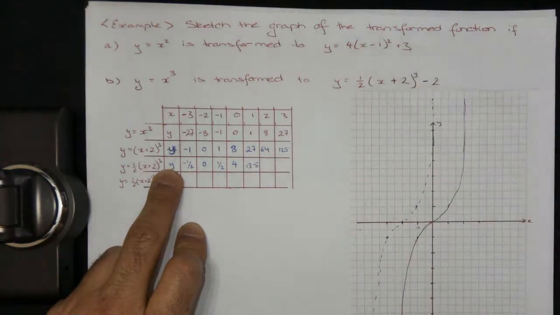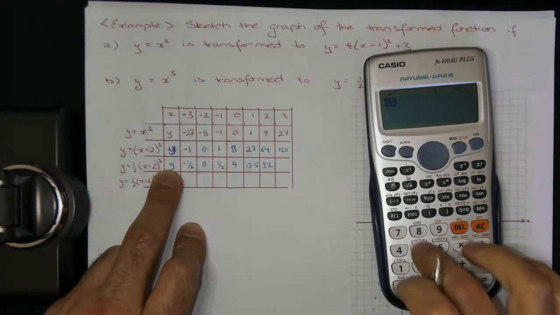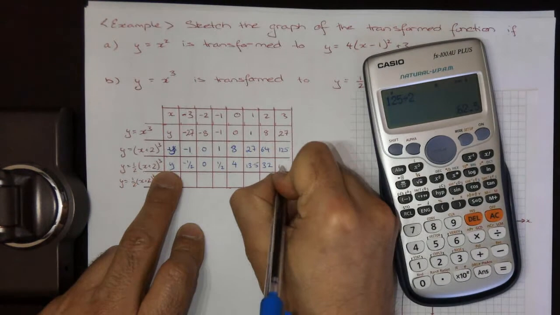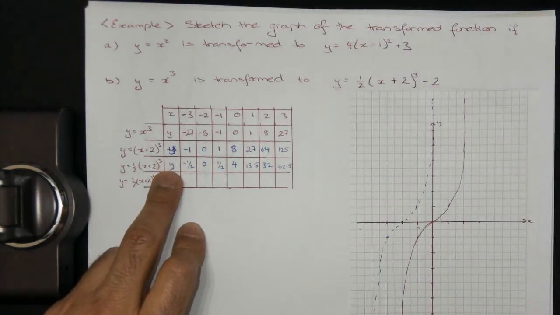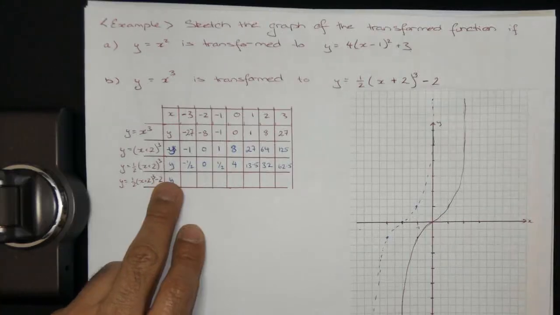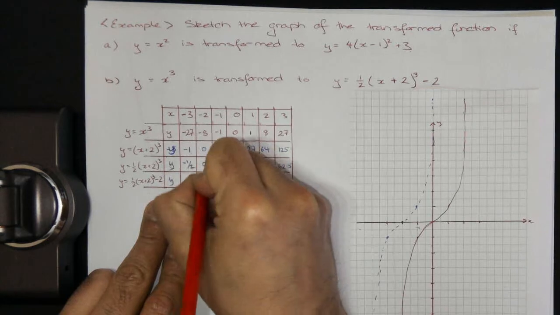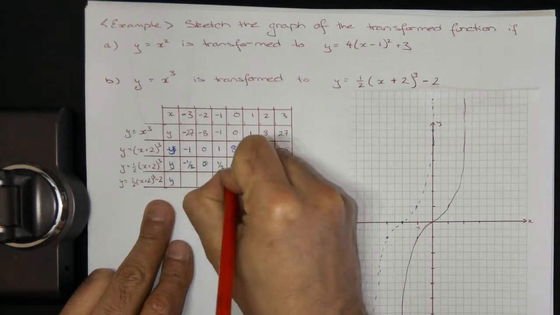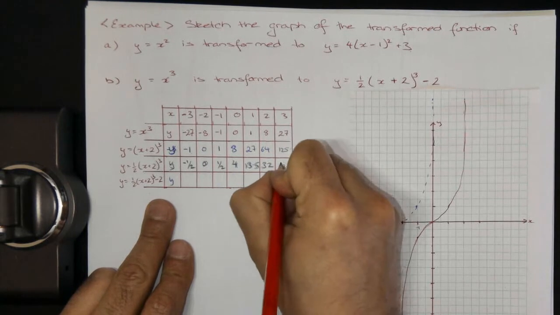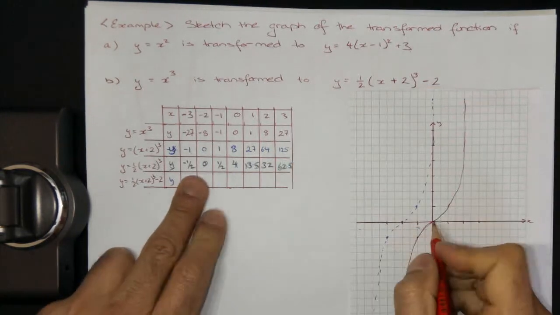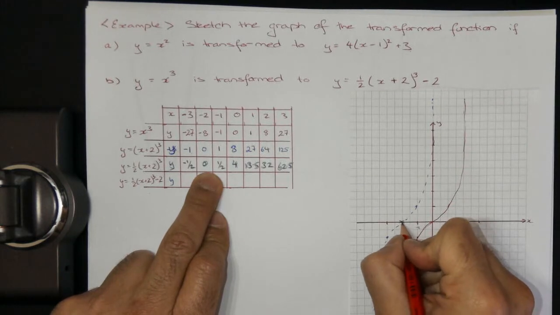I might do this in pencil. So it's going to compress the function. So 0, 0 stays the same.